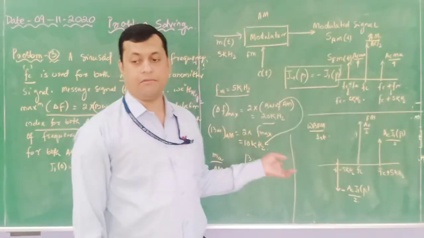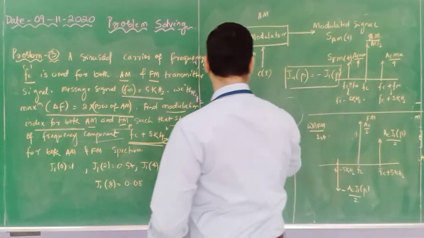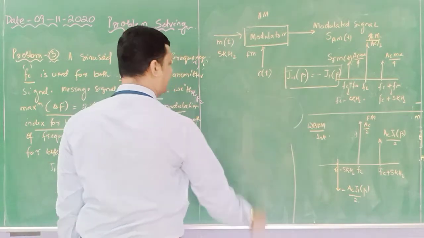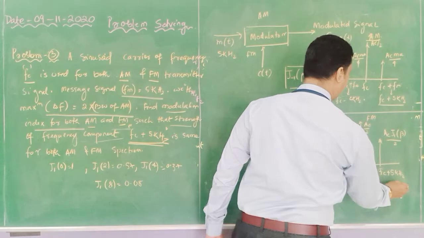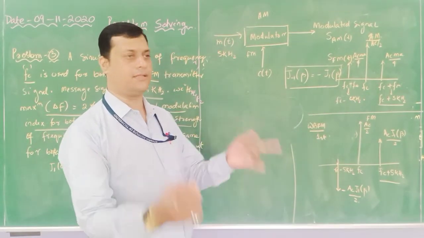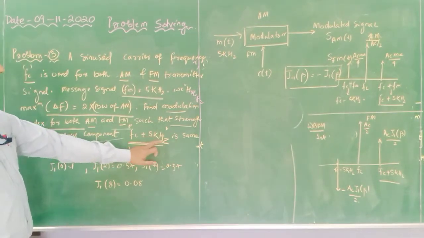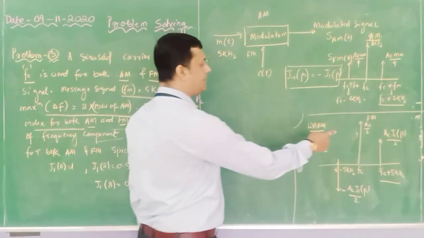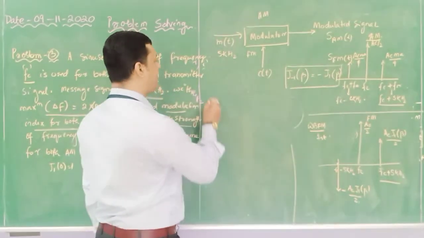Now, as per the given question, the position of the modulated signal is FC plus FM. The strength of this AM and FM are the same, as it is written. The frequency component FC plus 5 kHz is the same for both AM and FM. So the strength of this is equal to the strength of this for that particular position.